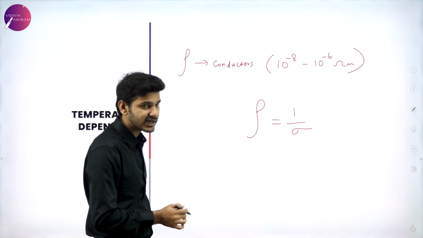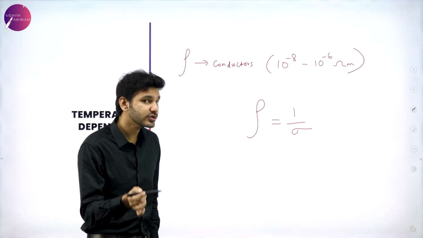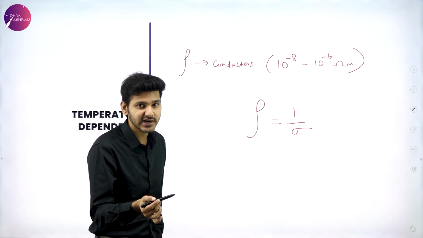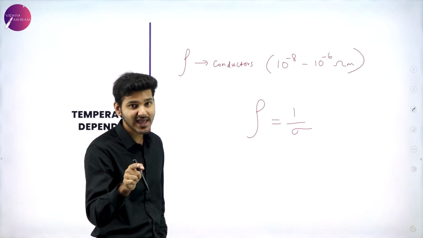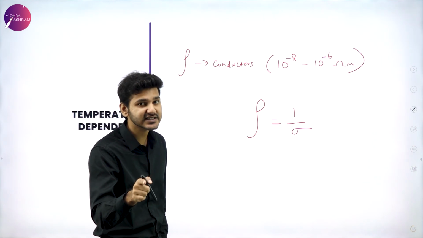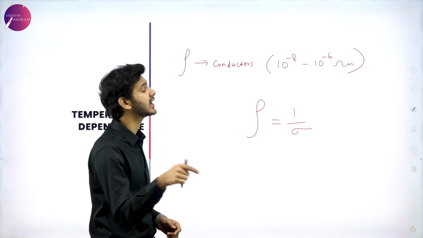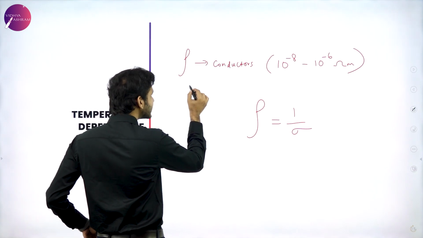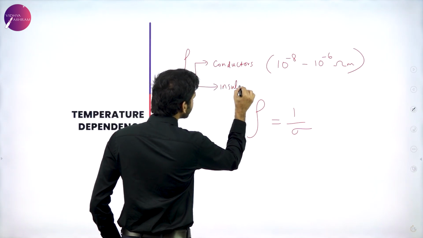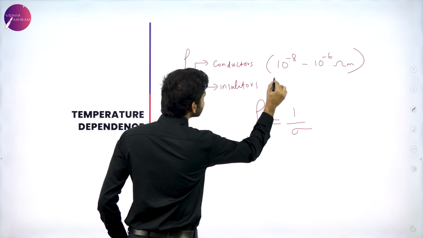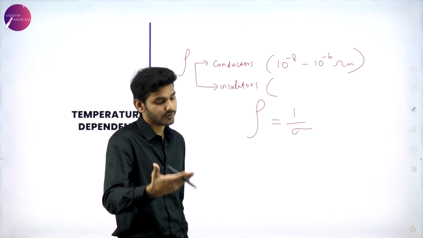And for insulating materials, it is comparatively very high, because we know that plastic or any other insulating material won't allow electric current to pass through easily, which means they have a high resistance and a high resistivity. So we can say resistivity for insulators is high, in the order of 10 raised to minus 2 to 10 raised to minus 4.